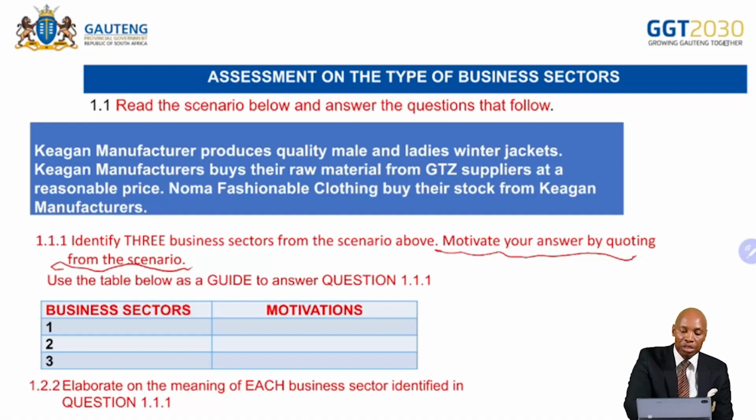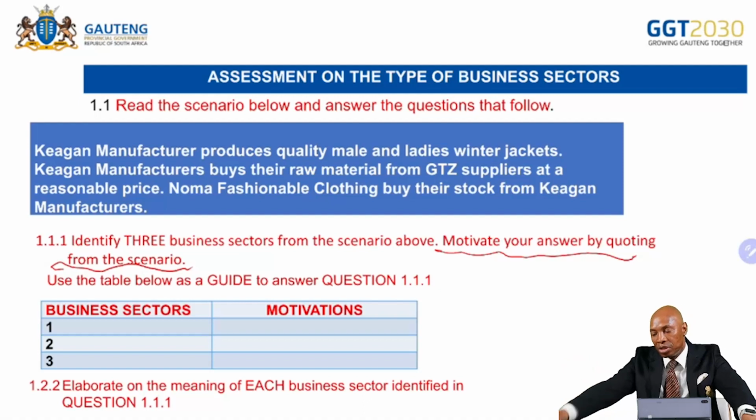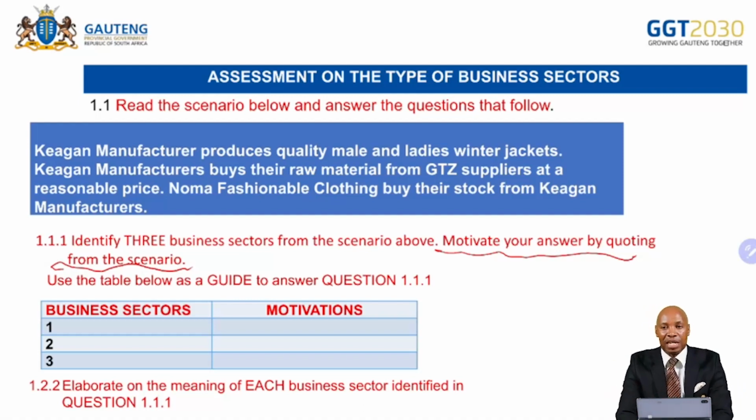And please note, we are not going to give marks for motivation if the business sector is incorrectly identified. So it's important that you have the correct business sector. Then you can get marks for motivation, because motivation depends on the correct business sector. Don't say, no, I will just make a shortcut, I will come up with motivation.